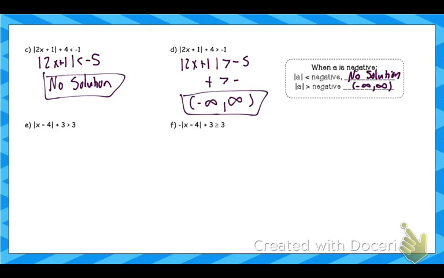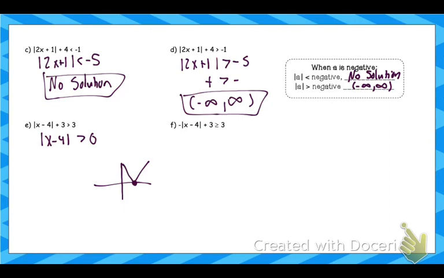So let's look at E and F. Again, get absolute value by itself. And I'm looking where it's greater than 0. Well, again, think about what this graph is going to look like. X minus 4, it looks like it's always greater than 0. The only thing here that's tricky is at this one exact place, it's not actually greater than 0. At one place, it's equal to 0.